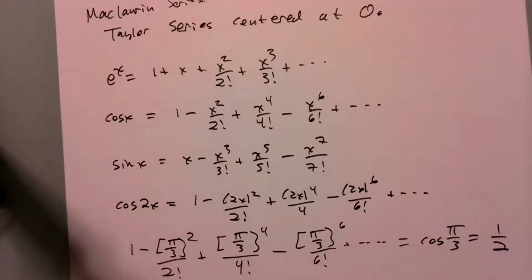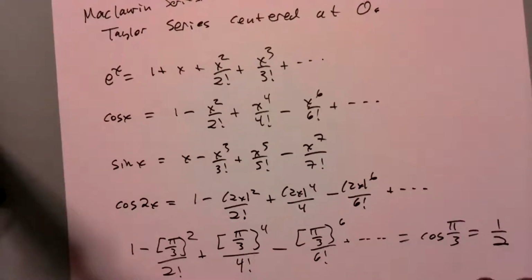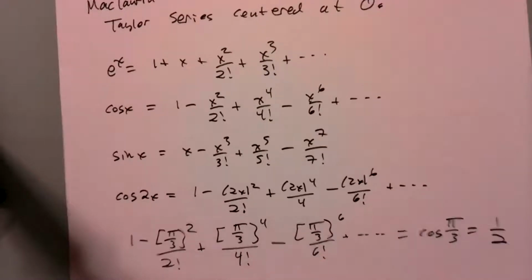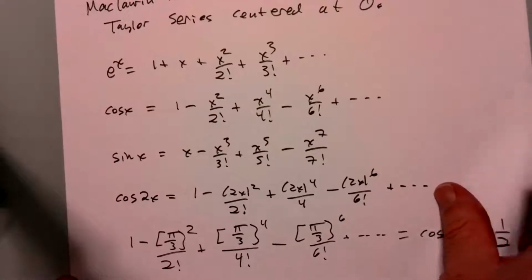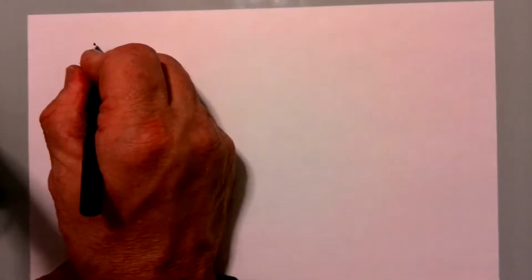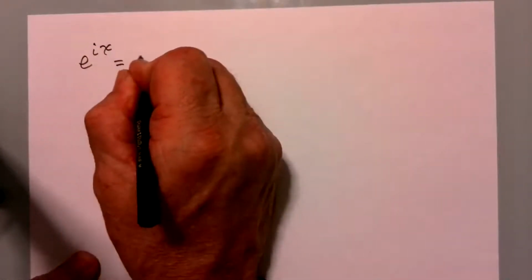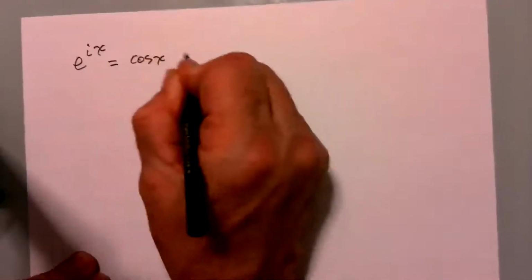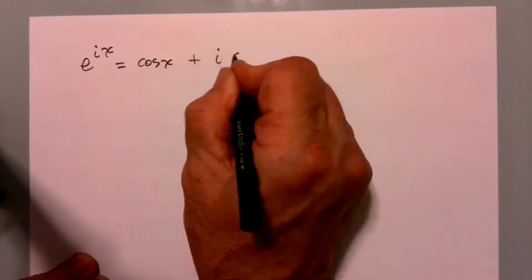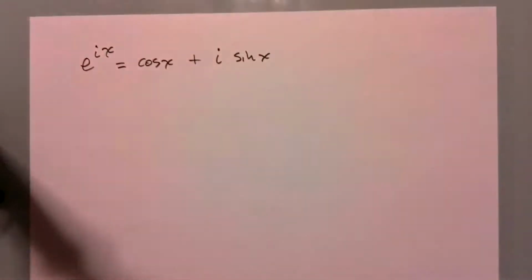So if you know those three basic Taylor series, e to the x, cos x, and sin x, that's very helpful. I will challenge you on one thing, though. There is a really nice fact that we can see, namely the following: e to the ix is equal to cos x plus i times the sine of x.